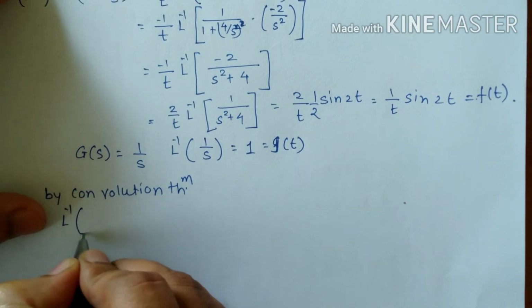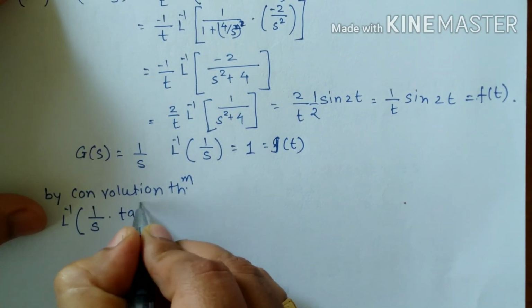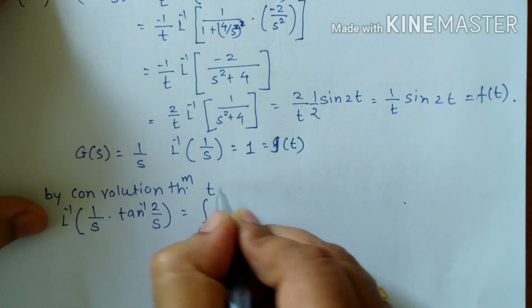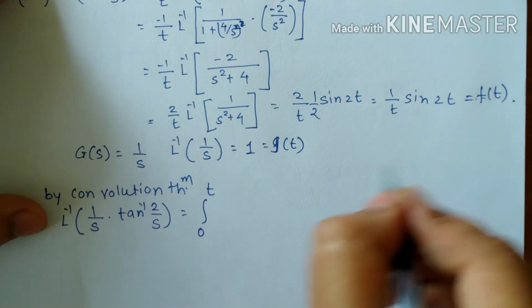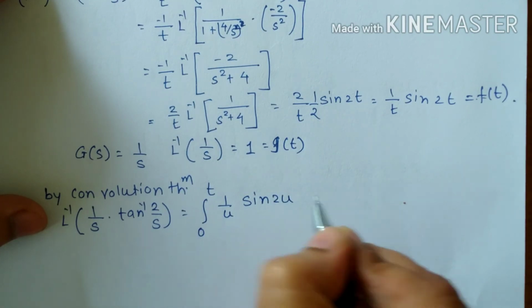So hence L inverse of 1 upon s into tan inverse 2 upon s is equal to integration from 0 to t f of u. Whatever the term of f of t is there, you replace t by u, we get 1 upon u into sine 2u.